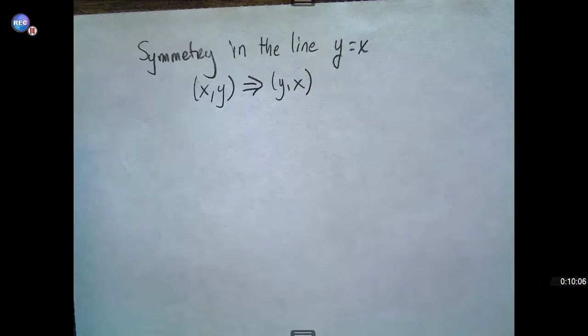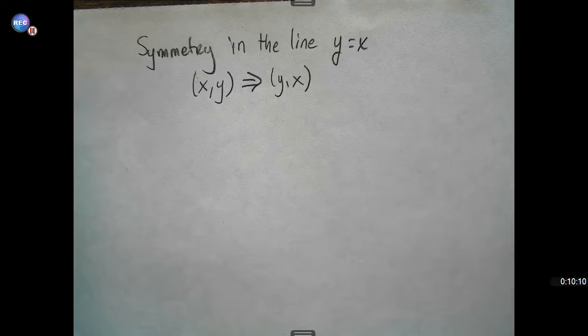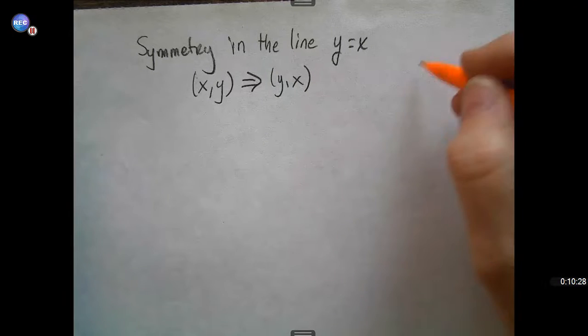And this one is highly important because if we have symmetry in the line y equals x, or if we reflect something over the line y equals x, the reflection we get is actually the inverse of the original function. Again, we can go through all those things.